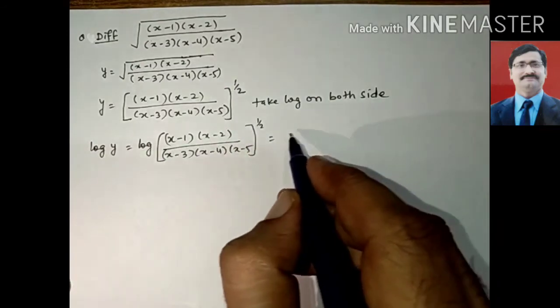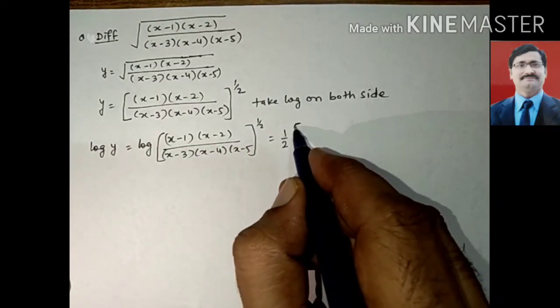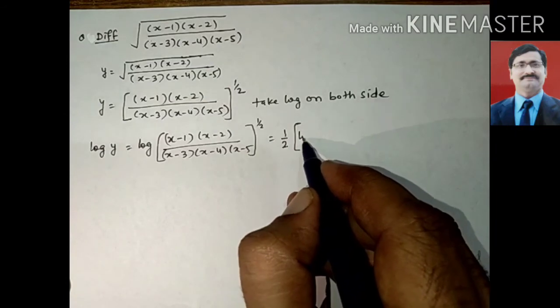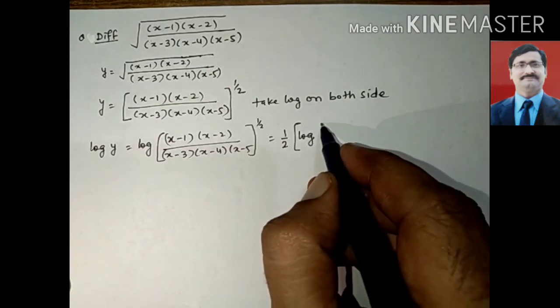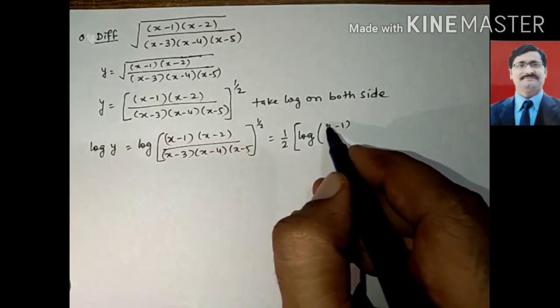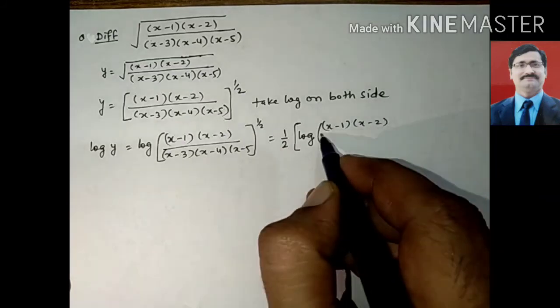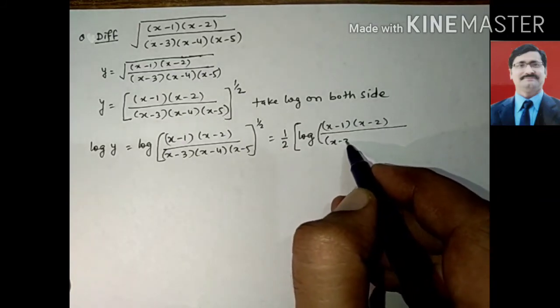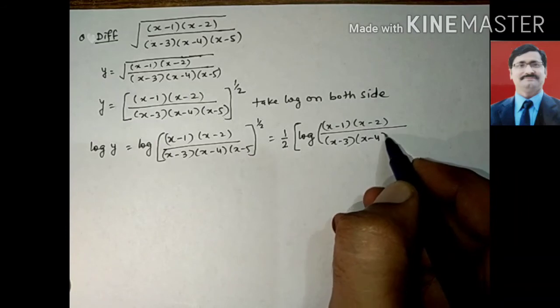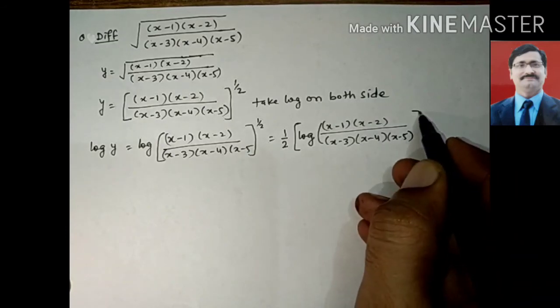This 1 upon 2 you can write in multiplication: 1 upon 2 and log bracket x minus 1, x minus 2 upon x minus 3, x minus 4, x minus 5.